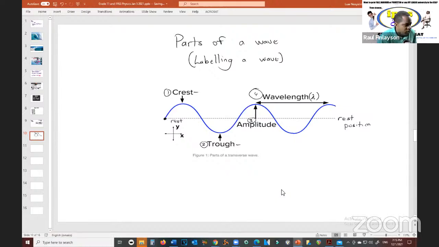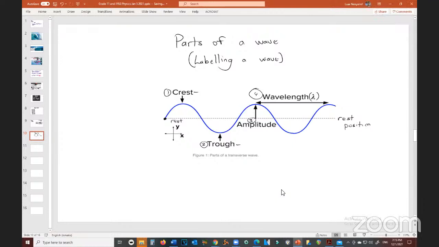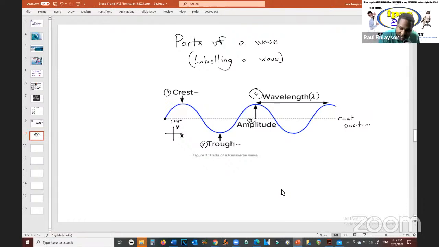So you cannot say that. It's the highest point going upwards from the rest position. Highest point from the rest position. That sounds like a different one. That sounds like the amplitude.